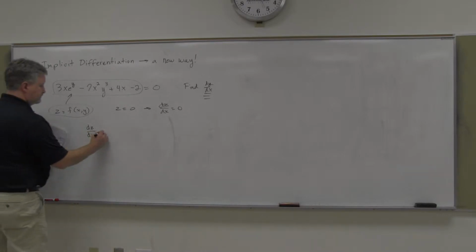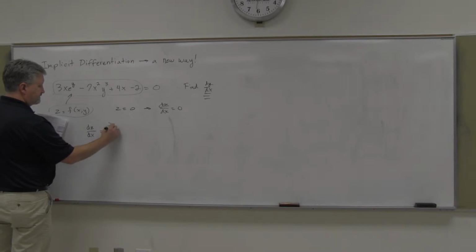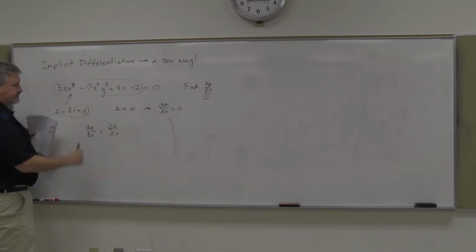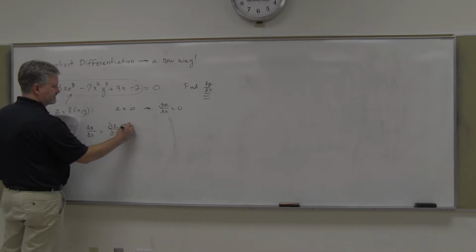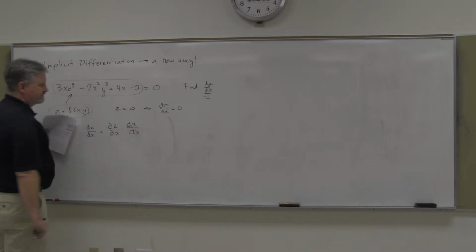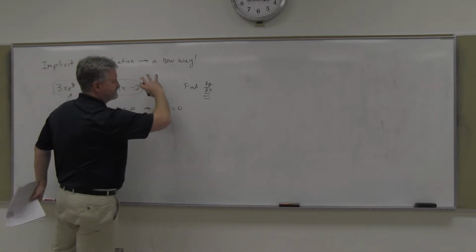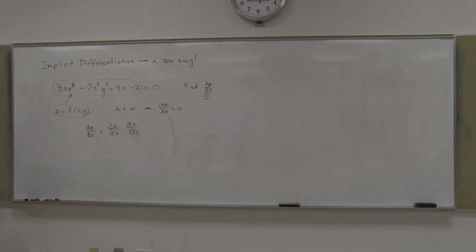Well, I do the partial of z with respect to x times, all right, so now I need to do, and here we're considering, we're trying to find dy over dx, and so x is x, okay?